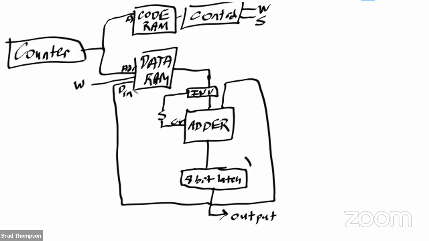Don't strictly need it, but something else that might come in handy, if we have a piece of data that we just want to load straight into our memory and not go through the mathy portion up here, we might need, again, what the book calls a selector, what everything else seems to call a multiplexer.